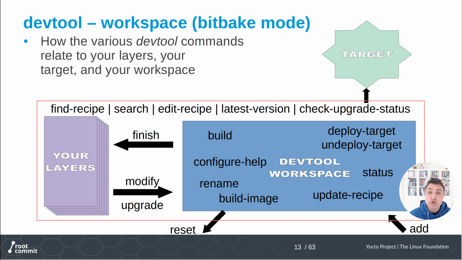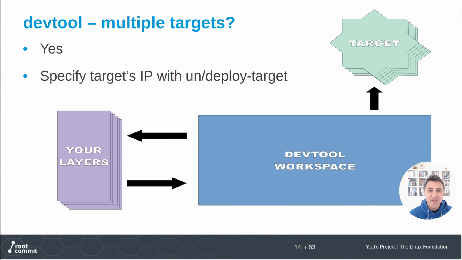Note that you also have Devtool commands that don't need the Workspace, like Devtool latest version, which checks the upstream sources for a more recent version, or Devtool check upgrade status that can do this for all available recipes. And of course, with Devtool, you can deploy and undeploy to and from multiple targets, as Devtool deploy target and Devtool undeploy target are given the name of a target.